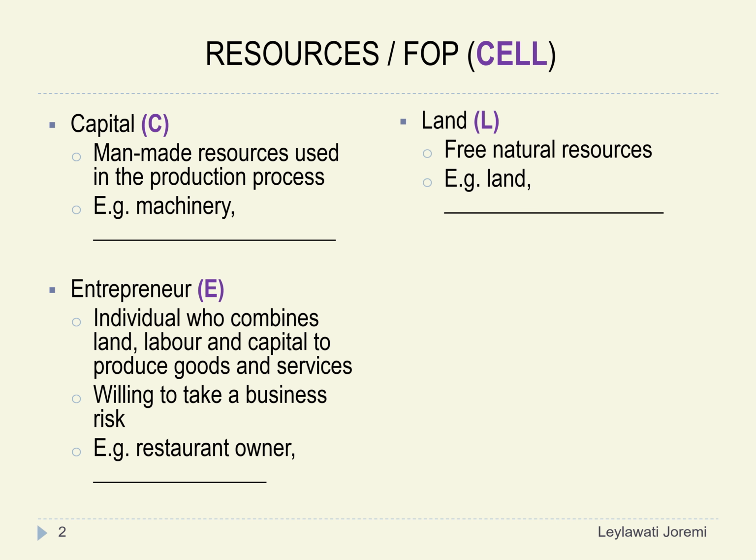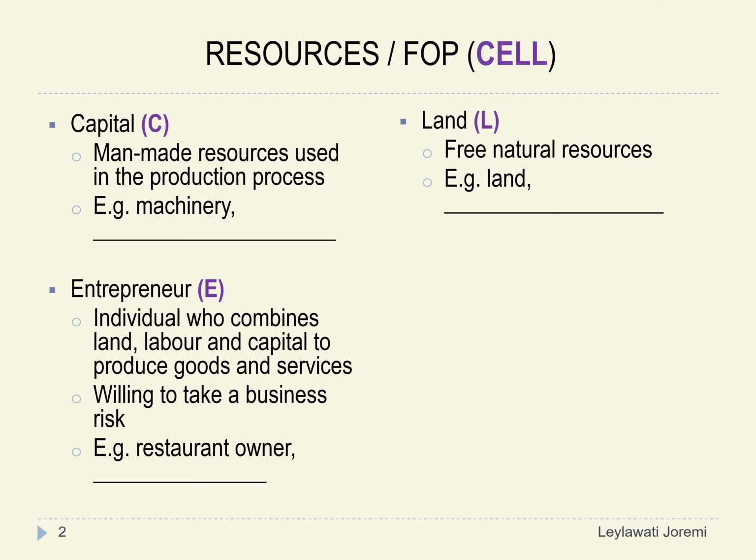L, land. Land refers to free natural resources used in the production of goods and services. For example, land itself. Okay? But land is no more free. You need to purchase land from someone. But of course, when we say free natural resources, we don't make it. We don't produce it. We don't create it.